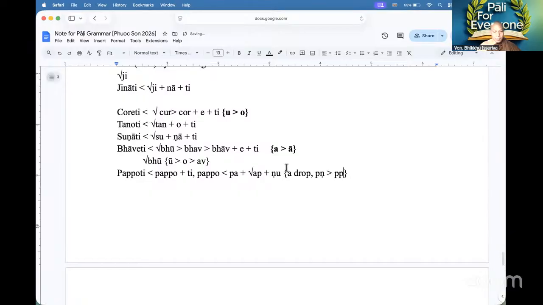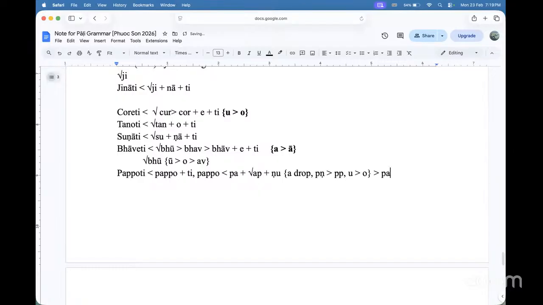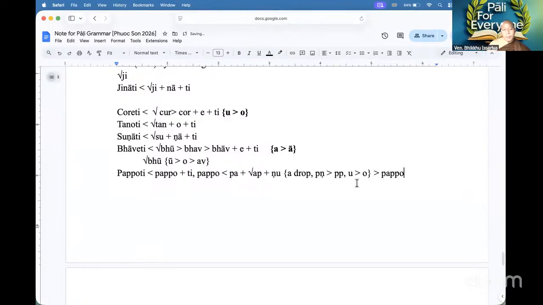And then this U becomes O, such an irregular one also. In Pali we can see, but not many. That is why such a word we need to note.